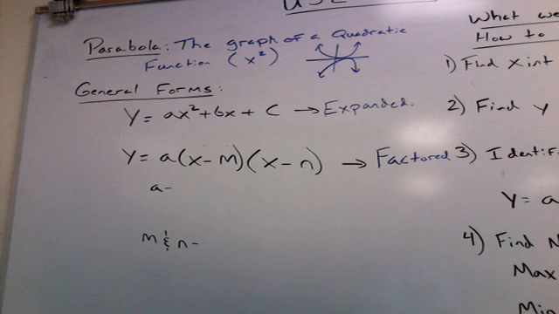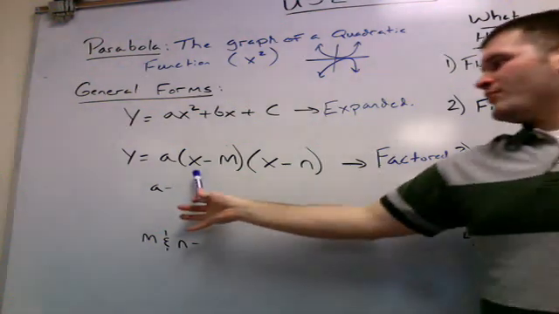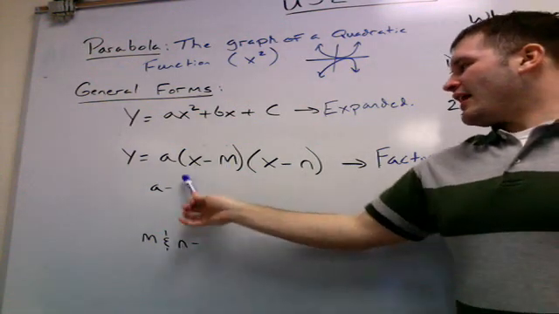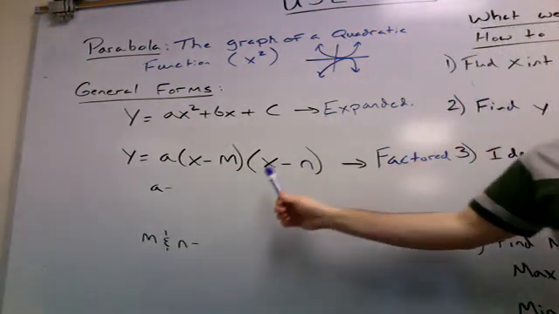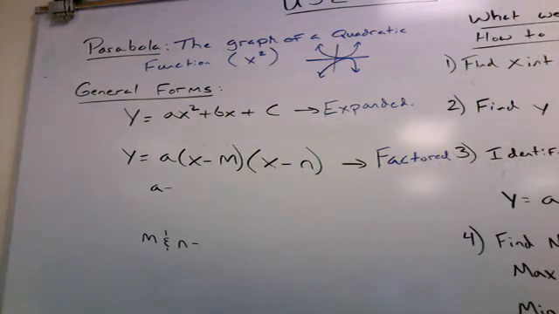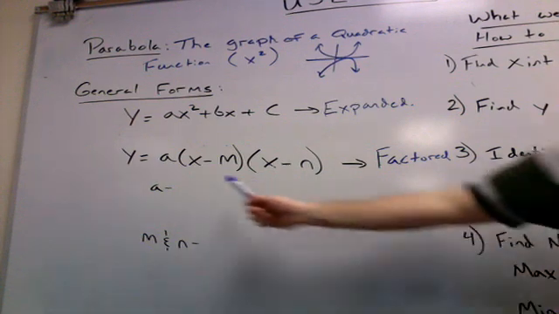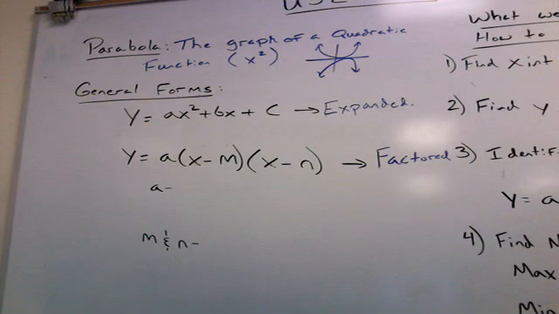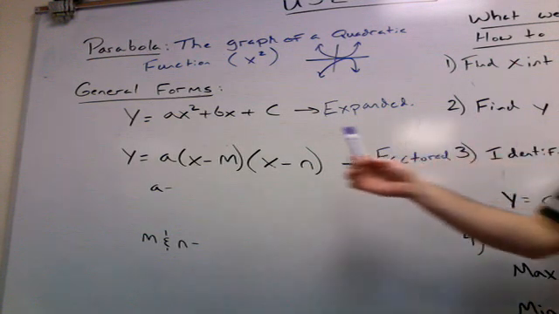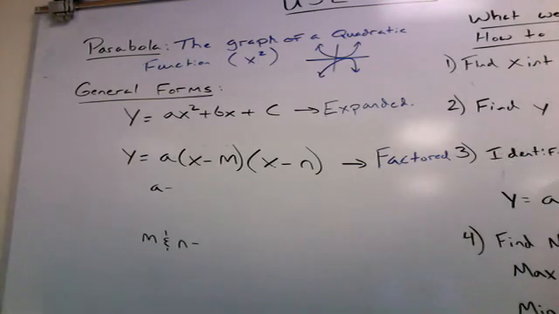If I take my factored form and FOIL it, I'll get my expanded form. The only one that stays the same is the a. The b's and the c's are actually combinations of m and n.